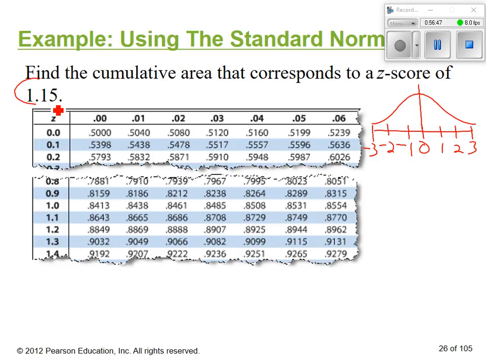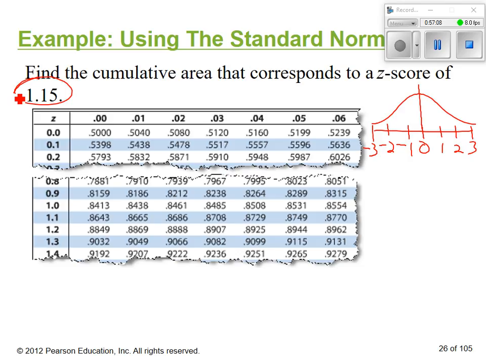So if he's at 1.15, the way you use this chart is, go down the first column of z-scores and you go down to 1.1. Then if you look along the top, it goes out an extra space.